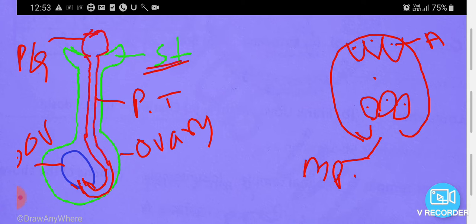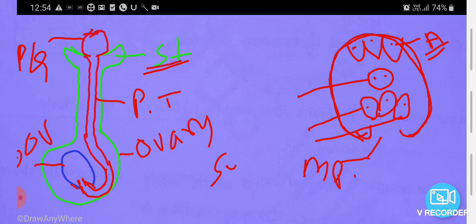There are two secondary nuclei present in the center of the ovule. So this is the larger cell of the ovule, this is one cell. Then these are three cells at the micropyle region, and three cells at the chalazal region, which are called antipodal cells. Out of the three cells at the micropyle, two cells are called synergids, and one central cell is called the egg cell.